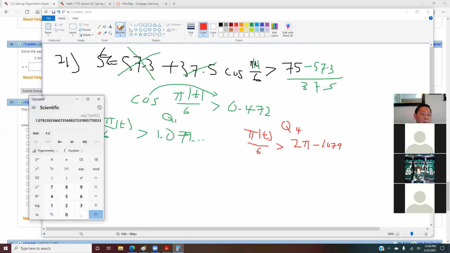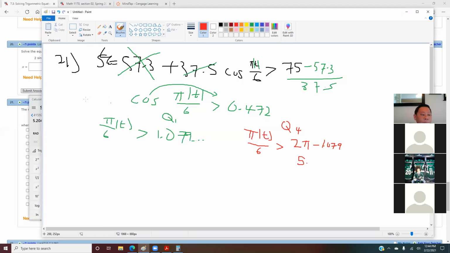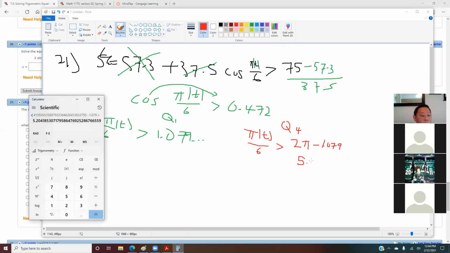So when you subtract 2 pi for this, put minus sign here, and then I add 2 pi. I just take 2 times pi subtract 1.079. Yep, that's correct. So this is 5 point something, 5.20.